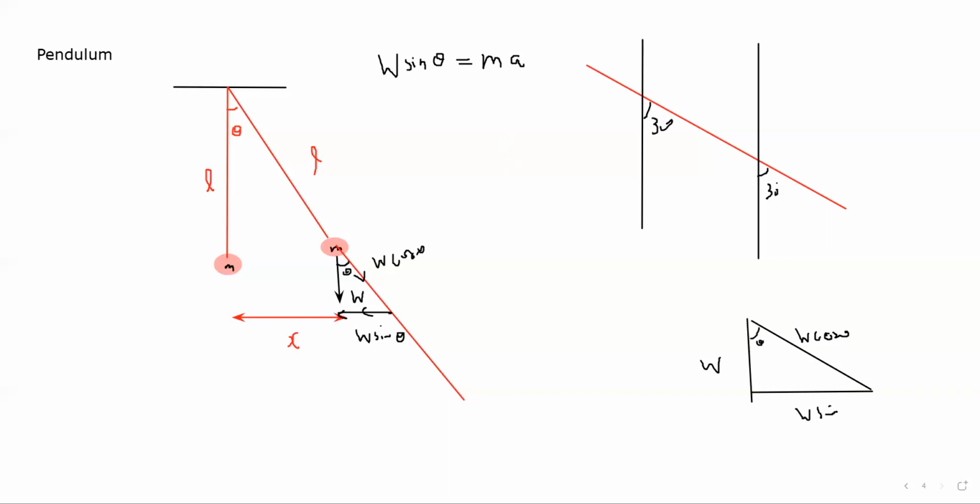Or I can also say opposite, that the resultant force is due to W sin theta, and we know resultant force is given by MA. So I can say MA is equal to W sin theta.